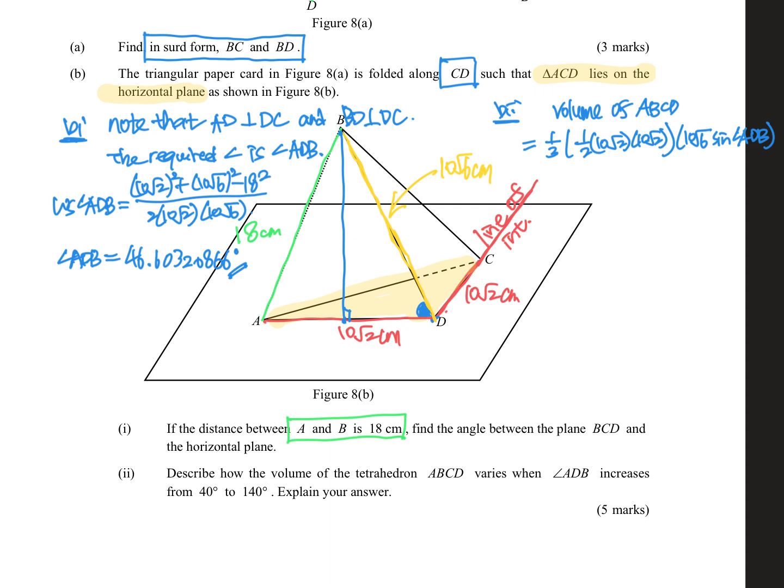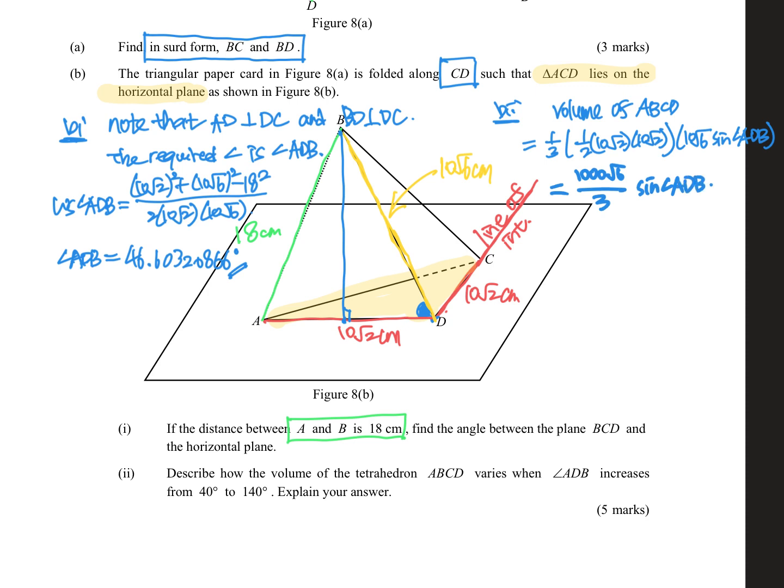And then if we reorganize a little bit, the denominator is 6, and then 10, so 1,000. Oh, good, this is 3 then. So 1,000 square root 6 over 3 times sine angle ADB.